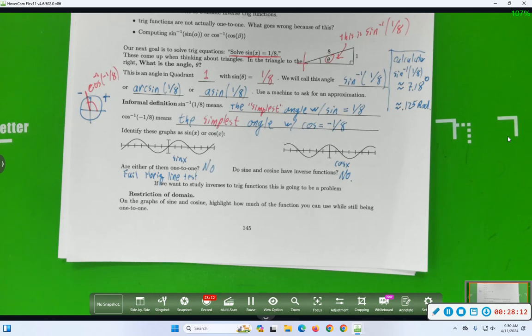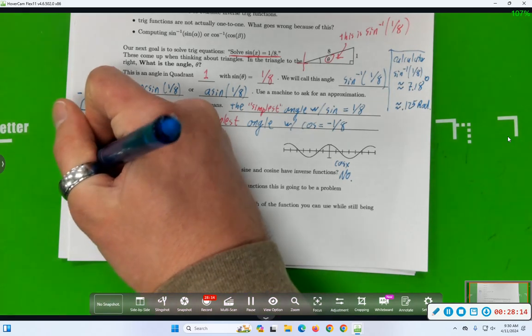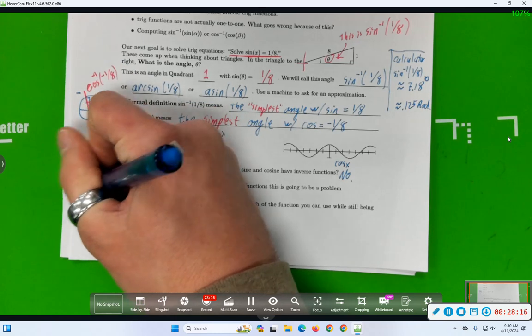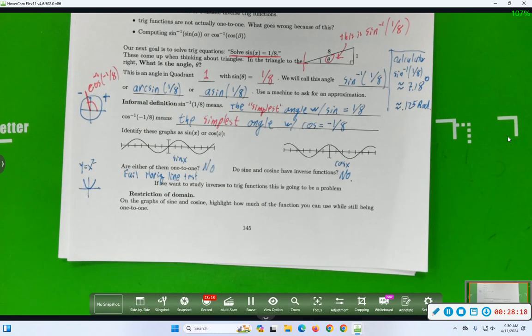And let's just see this. Y equals x squared, is that a one-to-one function? Does it pass the horizontal line test? No. Let's recall the horizontal line test. A function passes the horizontal line test if it intersects every horizontal line in at most one point.